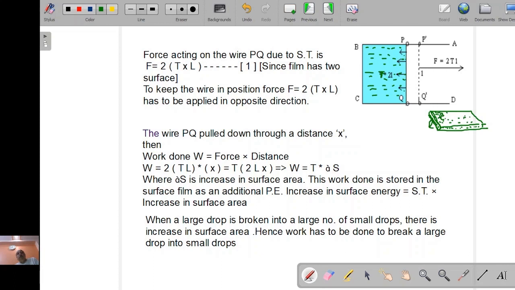As we know, the surface tension T is equal to force acting per unit length. So this length L comes twice here. Hence the force F will be T into 2L.